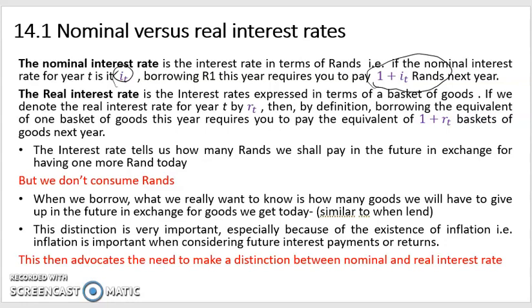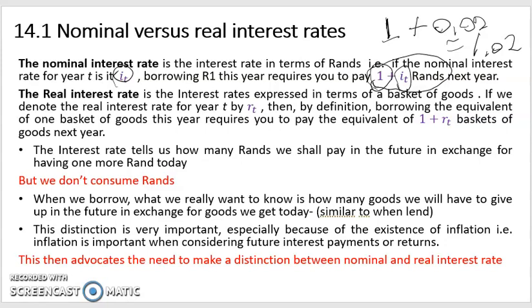So it means that you pay the R1 that you've borrowed plus the interest. If the interest rate, for instance, is 2%, it means that borrowing R1 this year would require you to pay R1 plus 2%, or 0.02, next year. So you would pay R1.02 with the interest.